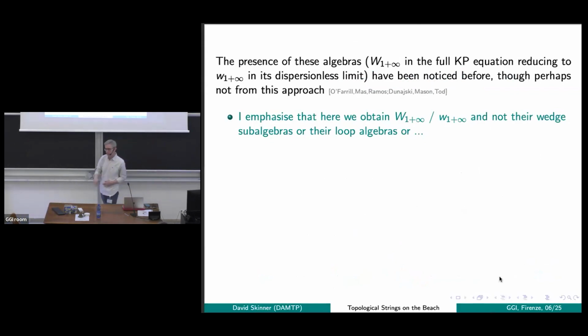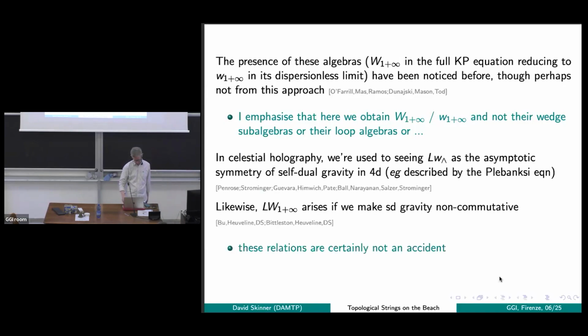That's been known before, in particular in the dispersionless case by Lionel, although not from this sort of celestial collinear limit approach. As I said before, let me emphasize that we really get W1 plus infinity, right? Not its wedge subalgebra, not its loop algebra, not anything else that we may have. These really are these capital W or little w algebras.